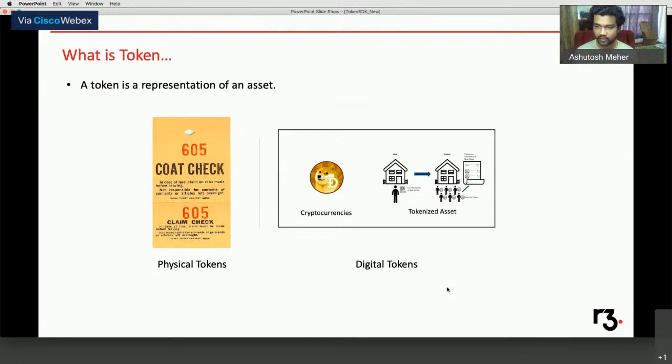There are a lot of other use cases which could come up, and that's how tokenization of assets works. These tokens could be represented digitally, and you could hold them in a digital wallet. At some point, you could do transactions, like using a secondary market to trade those tokens as well. So that's what digital tokens are all about.